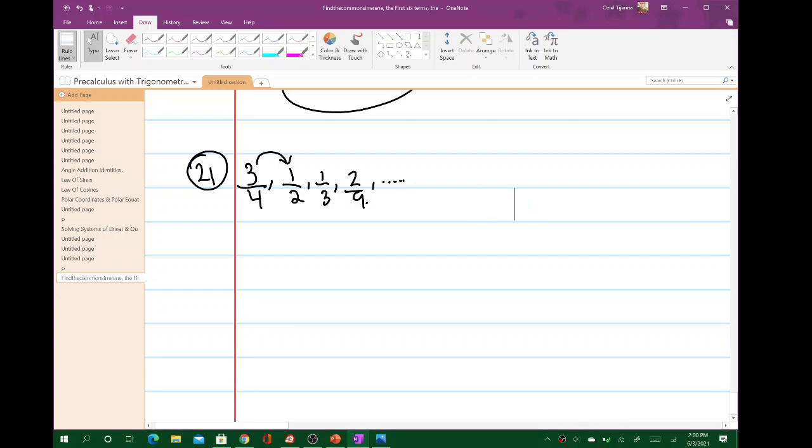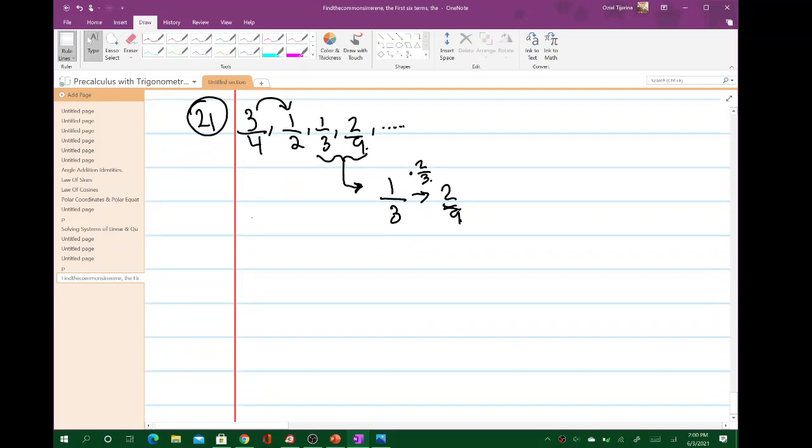Let's just look at these two parts here, because I feel like this is the easiest part, okay? If I go from 1/3 to 2/9, that is really just times 2/3, right? What would happen if I did 3/4 times 2/3? That's gonna give me 6/12, which is just 1/2.